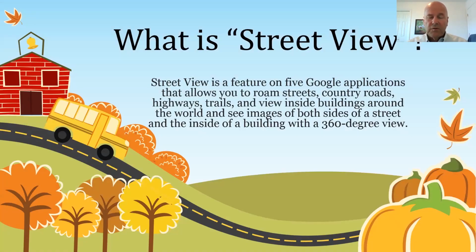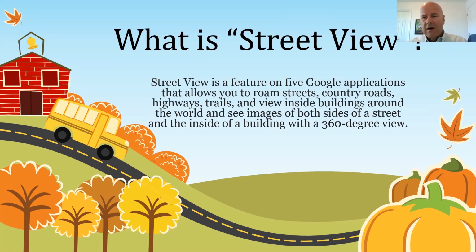For those who don't know what Street View is and what I'm referring to, let me give you a very basic definition. Street View is a feature found on 5 different Google applications that allows you to roam the streets and country roads and highways and even trails and view inside buildings all around the world and see images on both sides of the street, even inside of a building with a 360-degree view or a panoramic view.